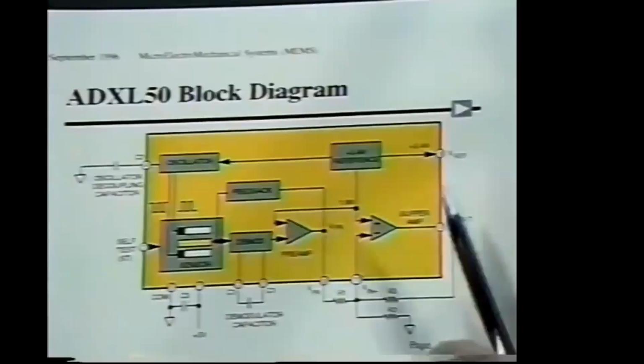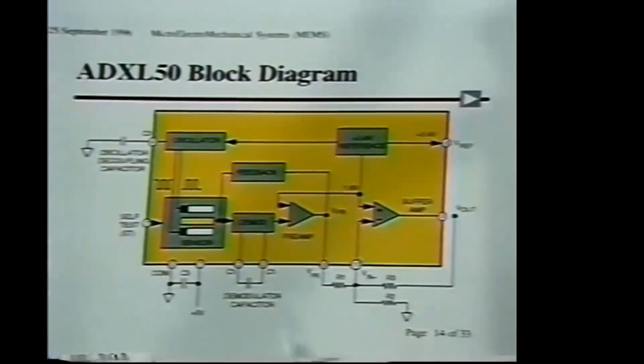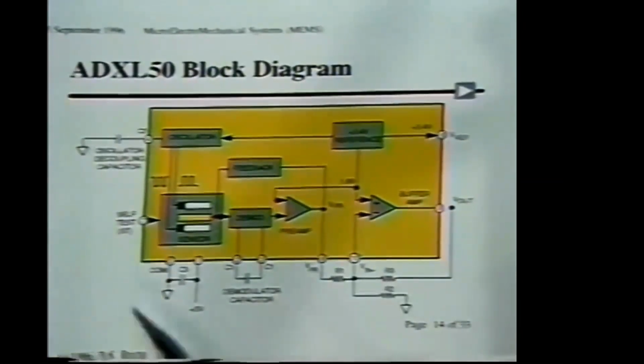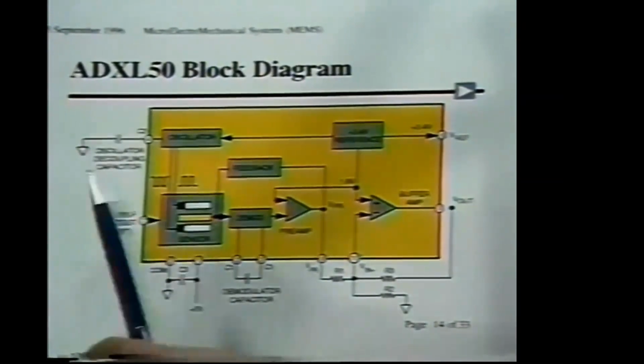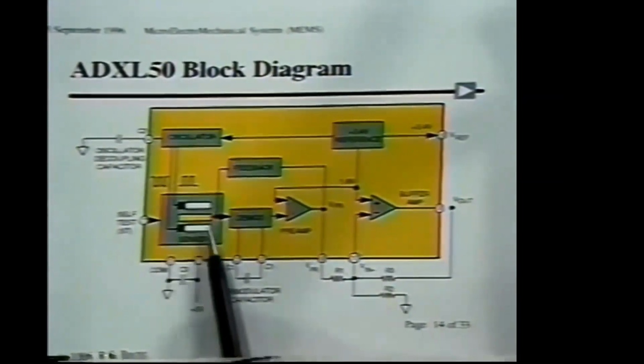We built, again, a complete system on a chip. The block diagram is shown here, and I'll take you through some of these blocks to show you how the system actually works. The sensor is shown here, and I think I described that. There's a feature for the sensor which is self-test.